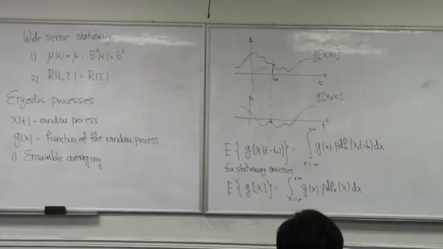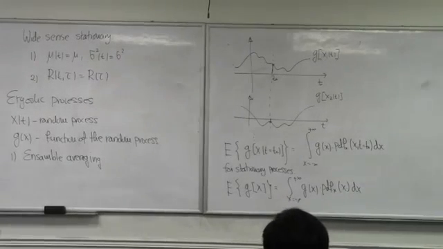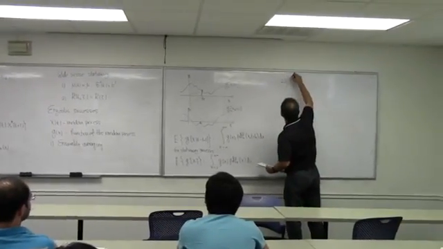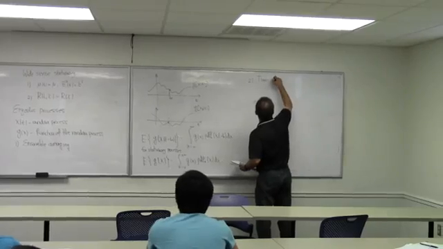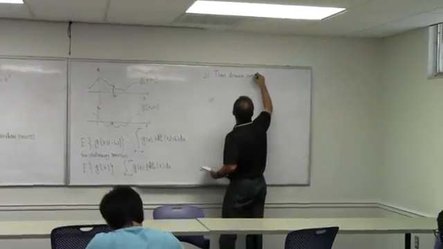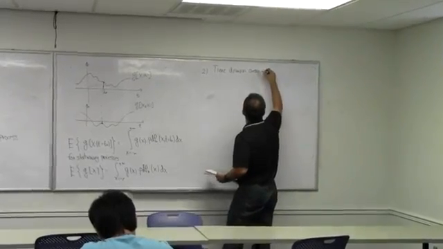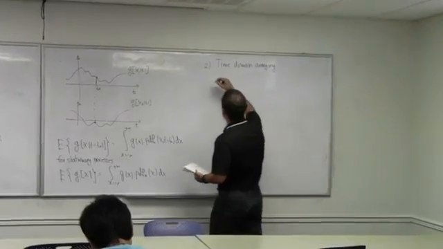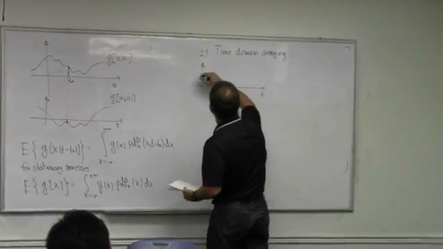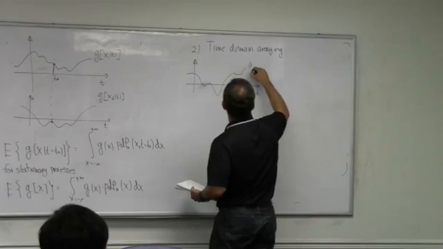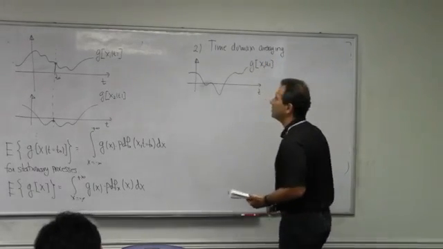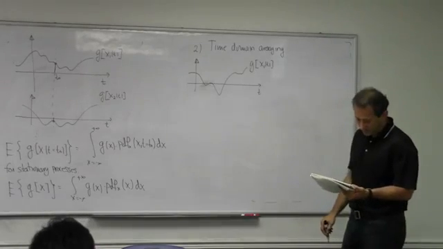However, there is a class of processes for which we have an easier way out. So let me talk about the time domain average. The starting point is the same. I have my realization x1(t), and this is g(x1(t)), one realization of this random process.